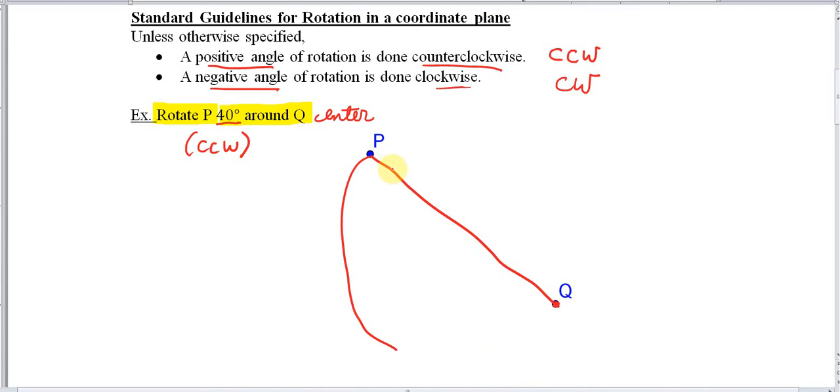This tells us that P prime is going to be somewhere on this arc, in such a way that it produces a 40-degree angle with the point Q. So P prime would appear right there. I did that very sloppily and inaccurately, so I want to do it again using some software so that we can see it more perfectly.